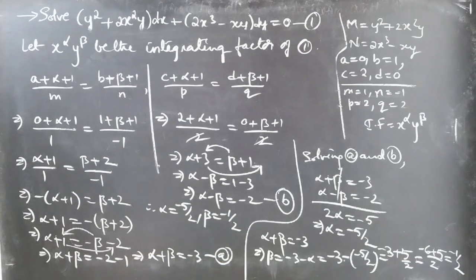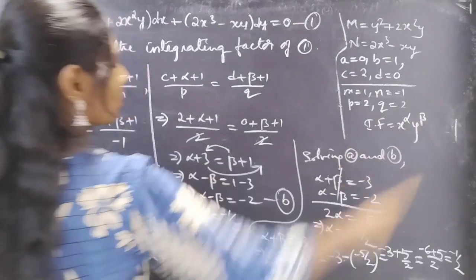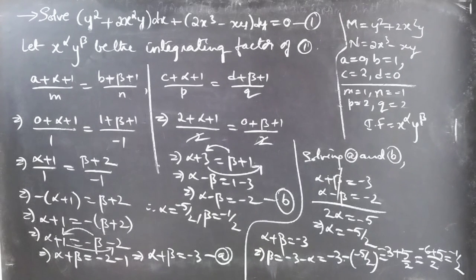Since we got alpha and beta, we can write the integrating factor. Just substitute alpha and beta values in x power alpha and y power beta to get the integrating factor of our problem.